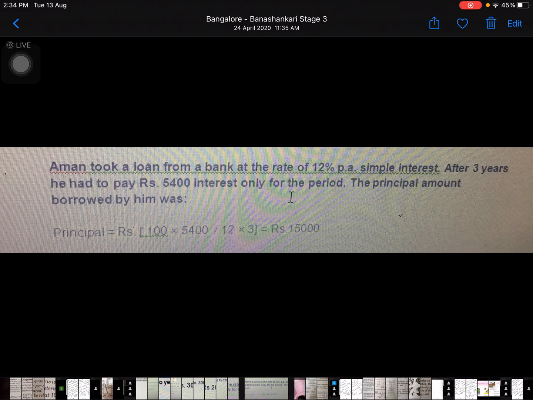So P is equal to 100 into 5400, the interest he has got over 3 years, which is again with 12% interest. 5400 divided by 12 into 3 will give the answer as rupees 15,000.